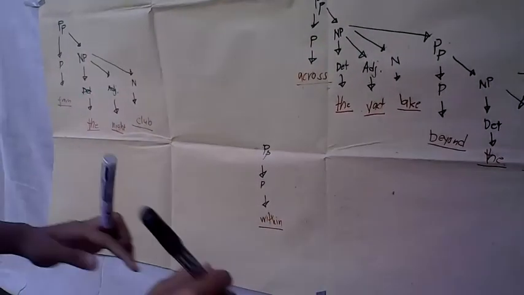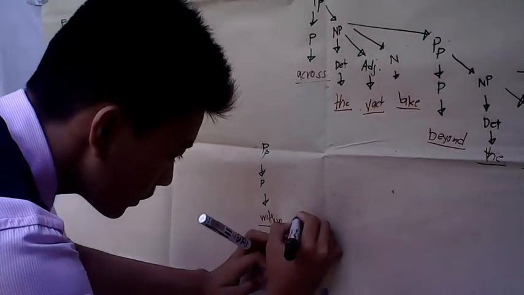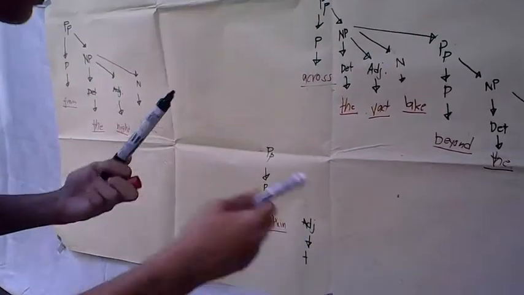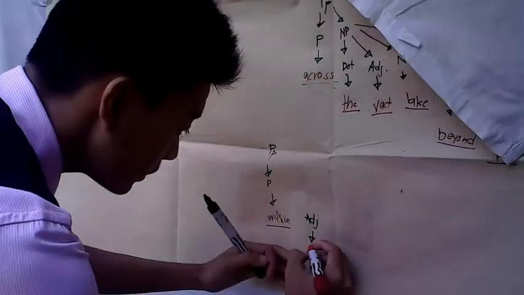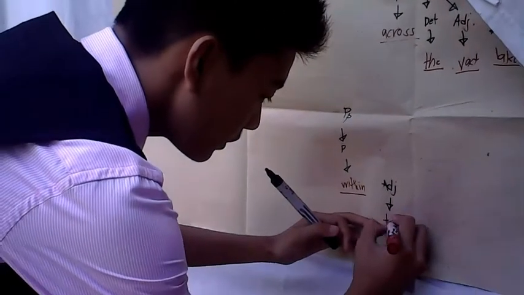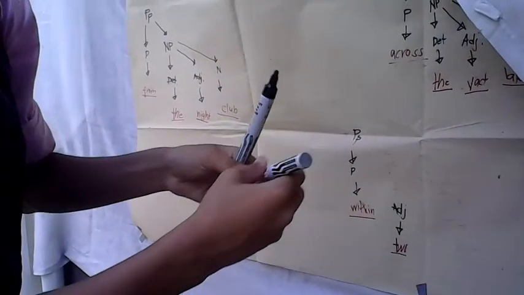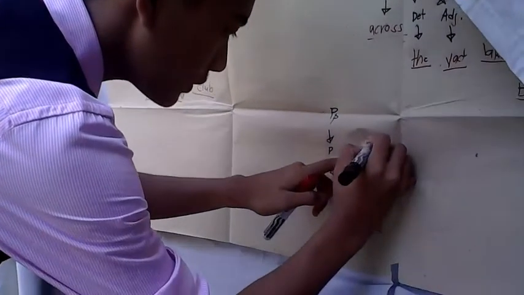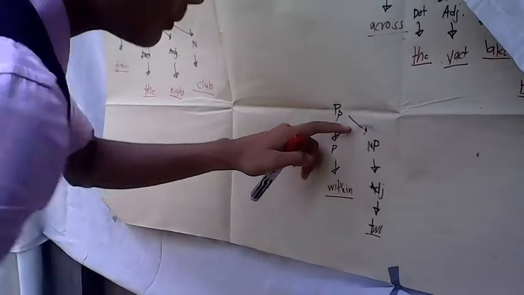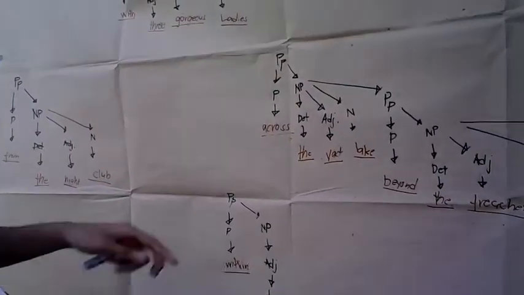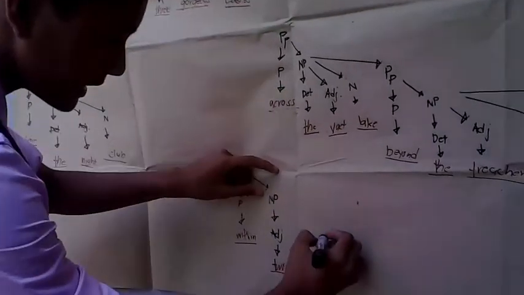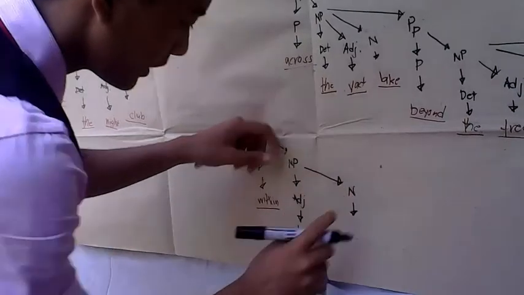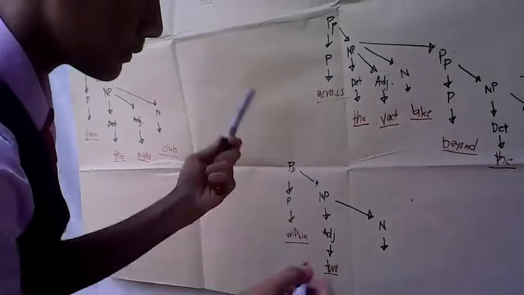The next word is two. Two is an adjective, so we will create a new noun phrase and connect it to the prepositional phrase. And the last word is hours. Hours is a noun. Connect it to the noun phrase.